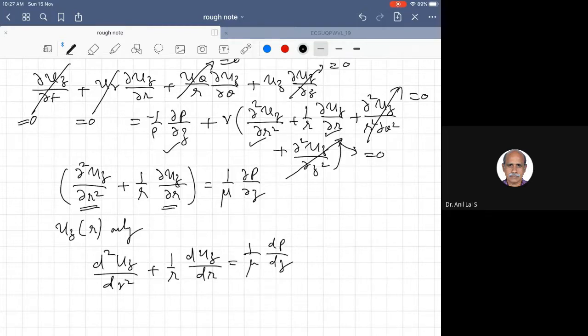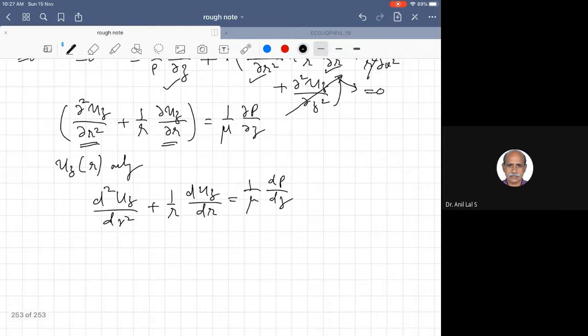This is an ordinary differential equation for uz, and dp by dz acts as the source. This is the non-homogeneous part that drives or produces the solution for uz. Our aim is to solve this differential equation.